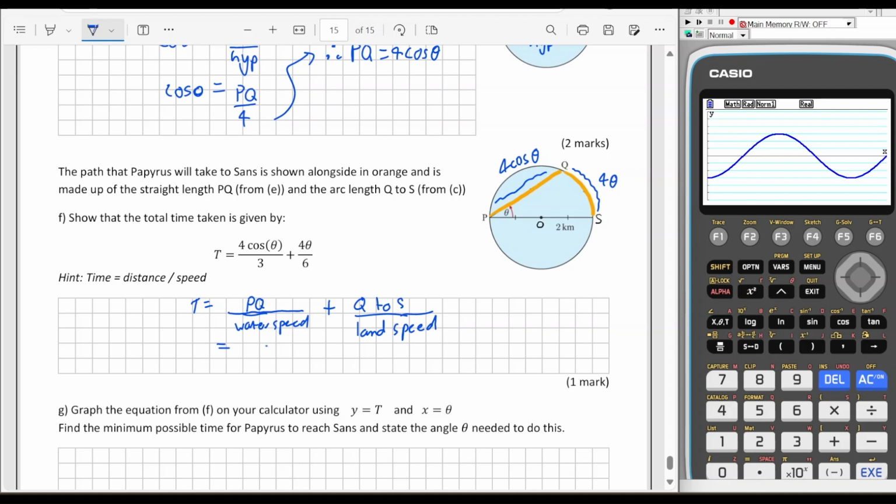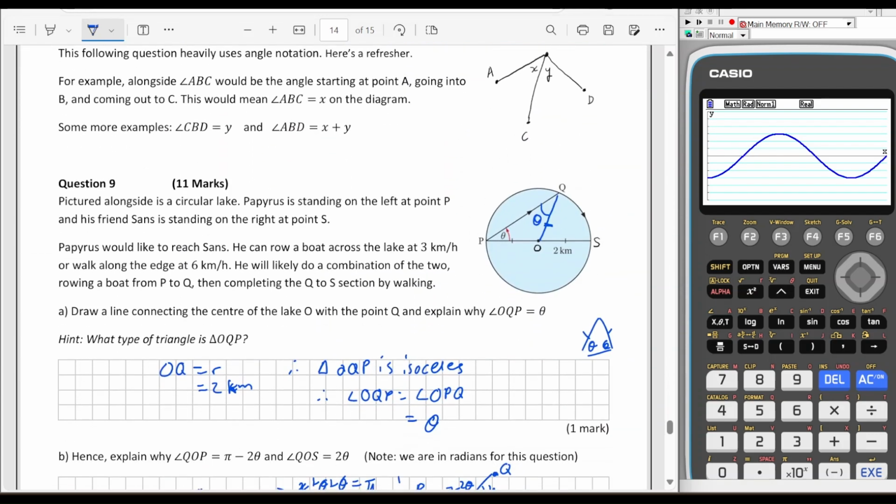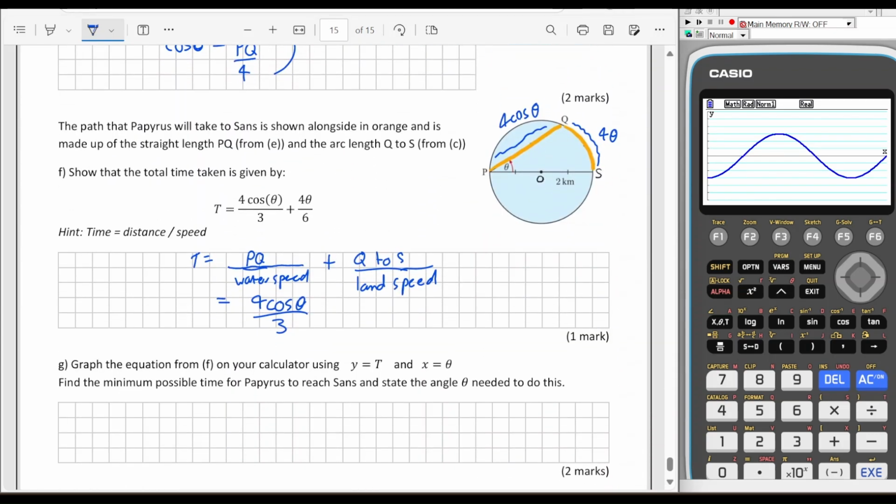So this is 4 cos theta all over. Now the water speed is 3, and I said that way up the top of the question. So here you can go across the lake at 3 kilometers per hour, and you can go across land at 6 kilometers per hour. So that's over 3 there, and plus 4 theta over 6.